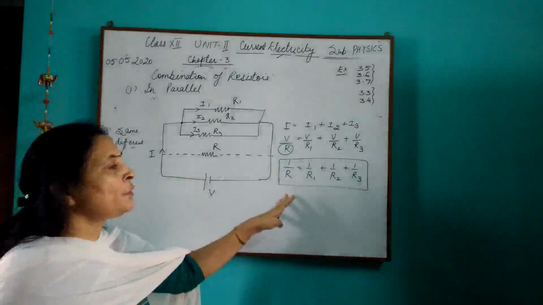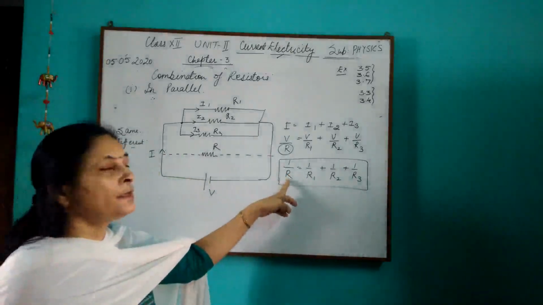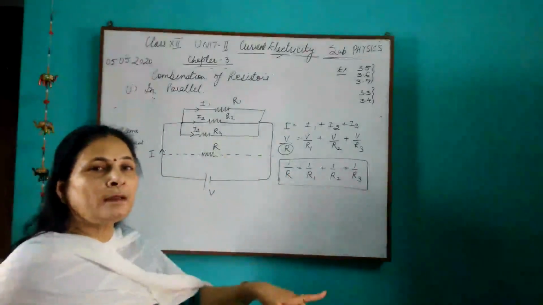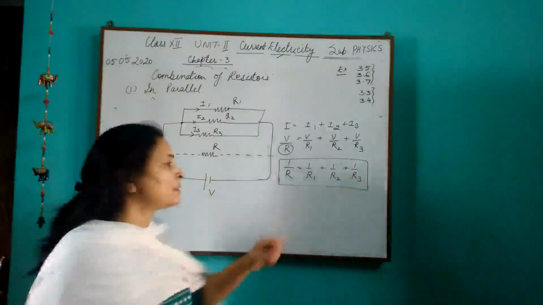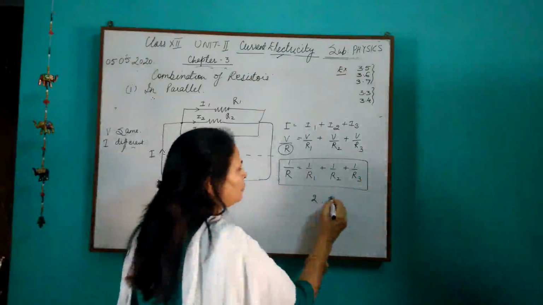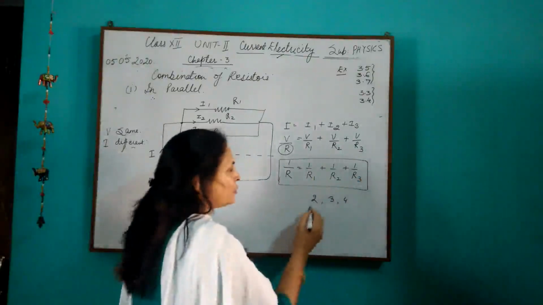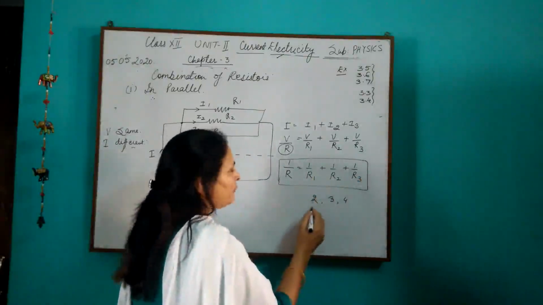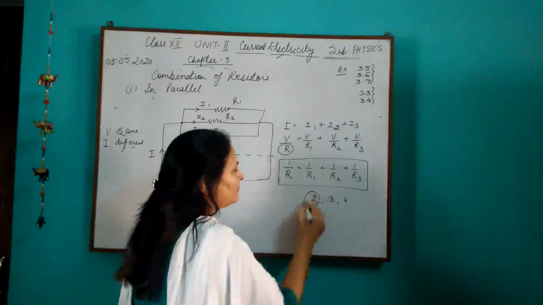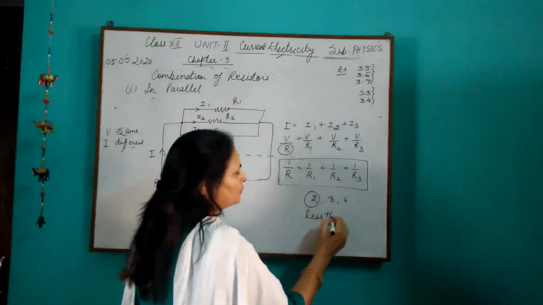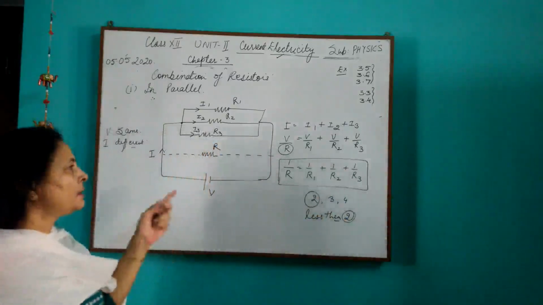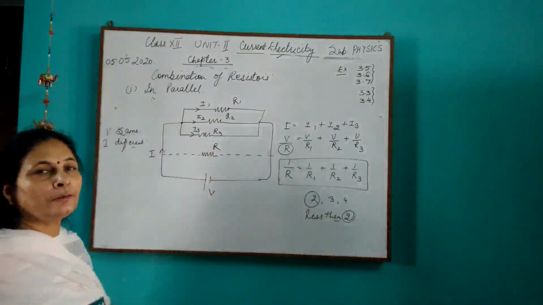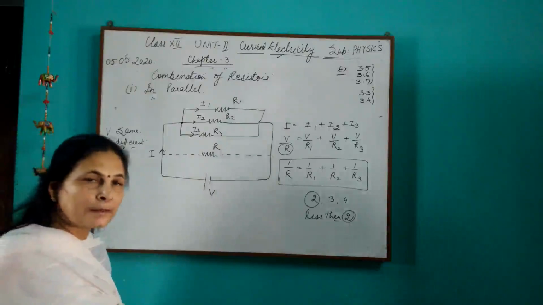The value you will obtain for the equivalent resistance will be smaller than the smallest of these three resistors. Suppose the three resistors are 2, 3 and 4 ohms. So the answer which you are going to get will be less than 2. This is the combination of resistors.